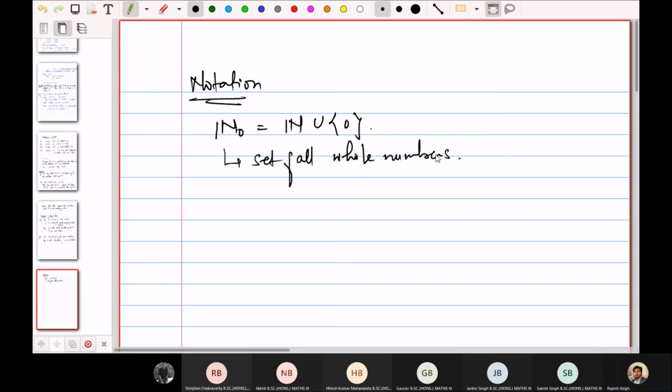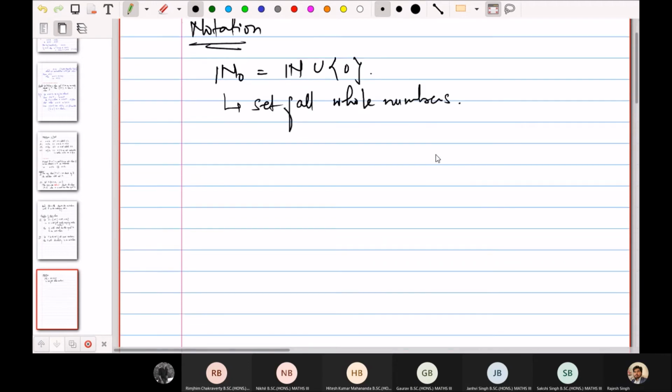Okay. So now we can define order isomorphisms. Isomorphism क्या होता है ग्रुप में?